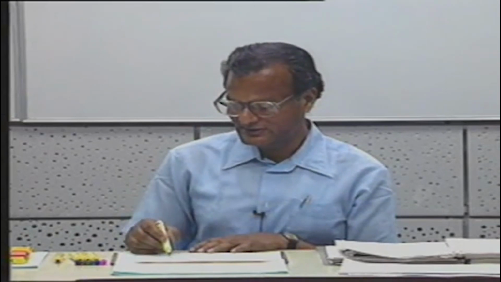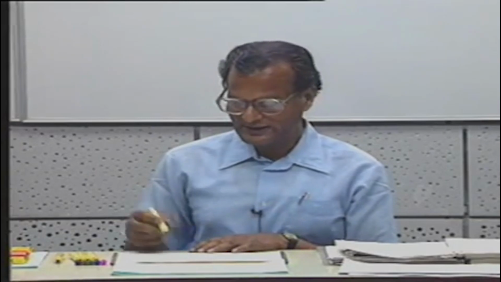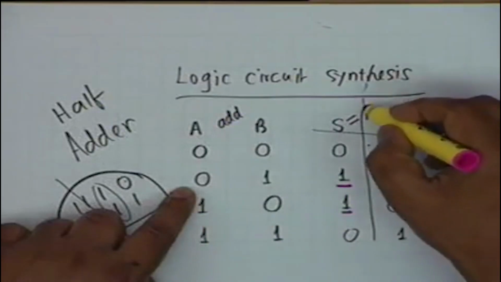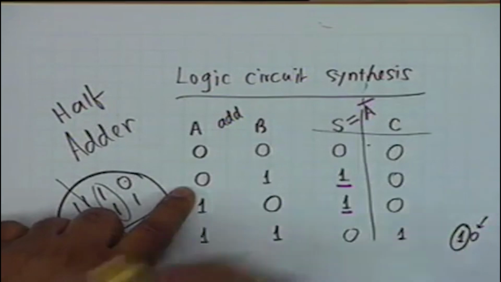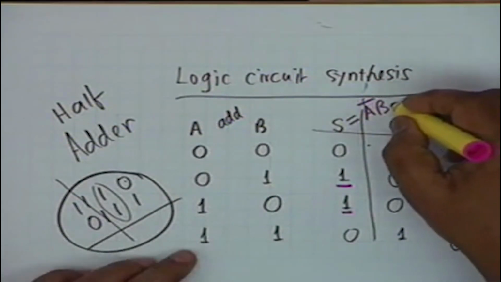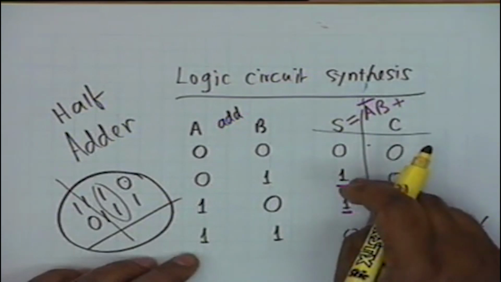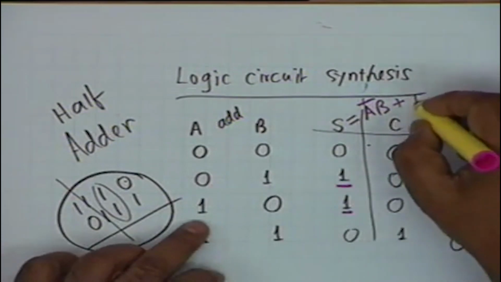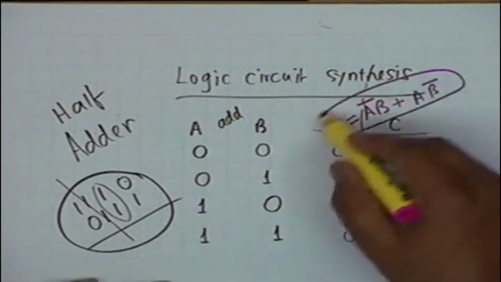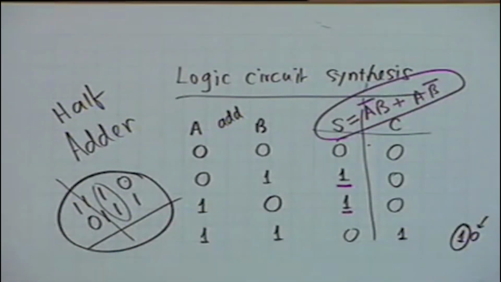That is, you consider only this output and this output, and then write S in terms of A and B. A is 0 here, so A is not true, so you write A bar, and then B is 1, so B, or either this or A B bar. This is the sum. Is the point clear?